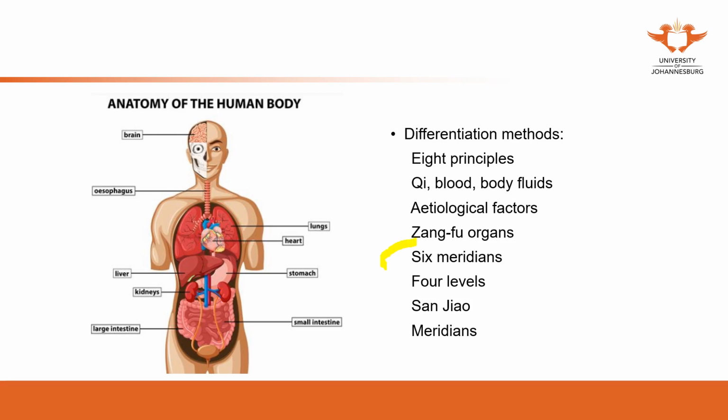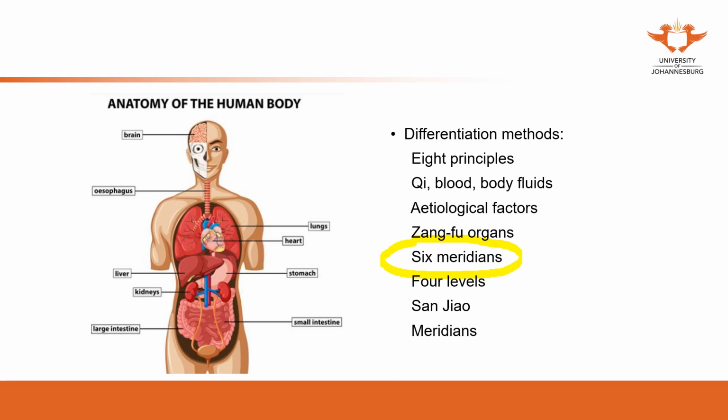But the six meridian differentiation method is not something we're going to focus on in acupuncture study. The reason is that this method is very important, but it's more important to herbal medicine. Since it's more for herbal medicine, why do we need to study it?